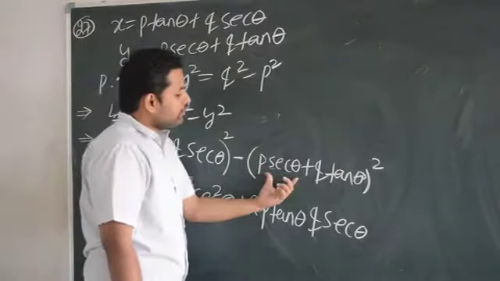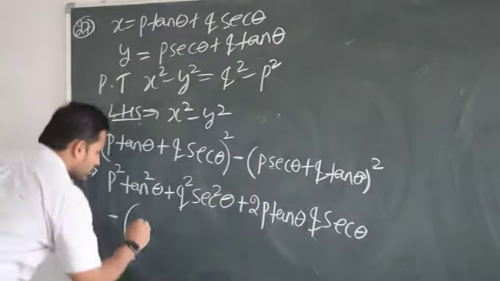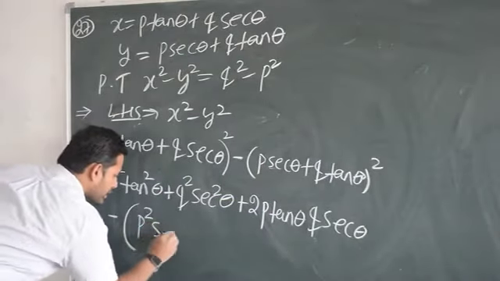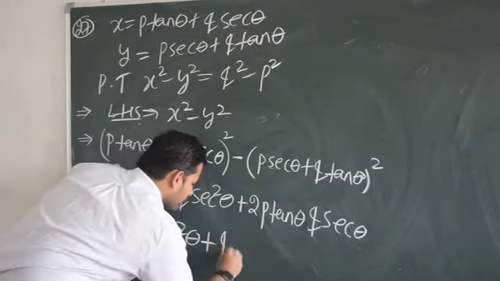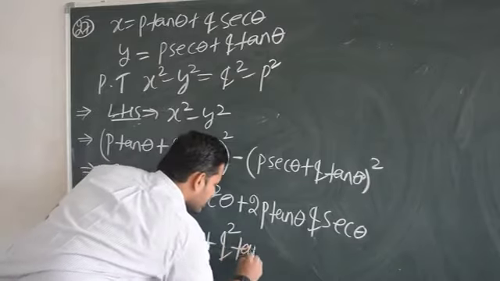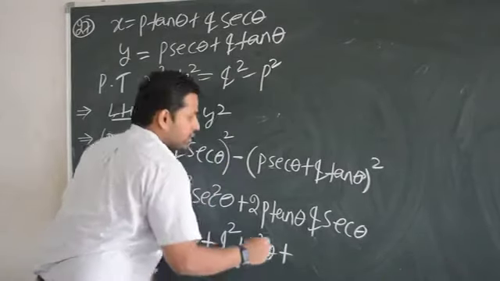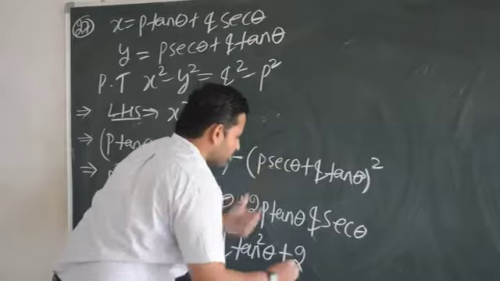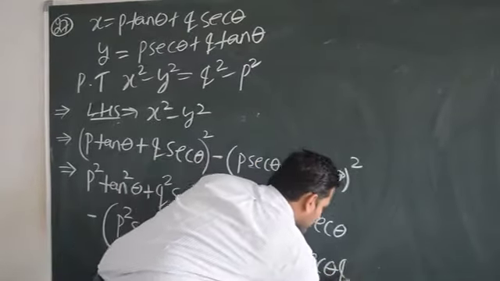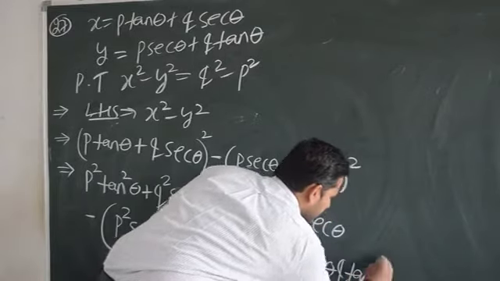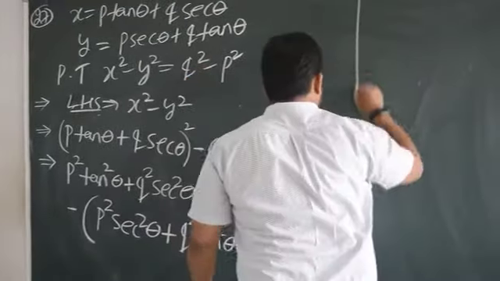It is also in the form of a plus b whole square. A square means p square secant square theta. Then plus b square means q square tan square theta. That is also okay. Then plus 2ab, that is 2 into p secant theta into q tan theta. Let me complete the bracket. Outside it is minus, no?